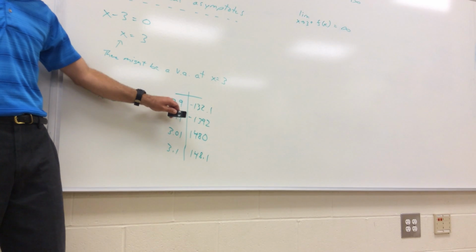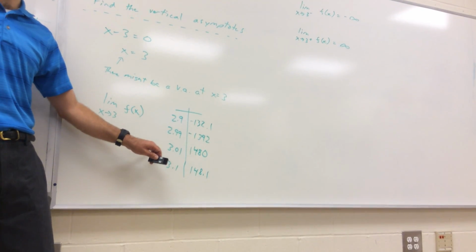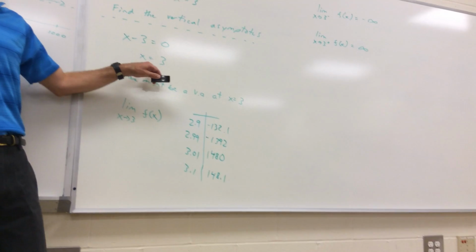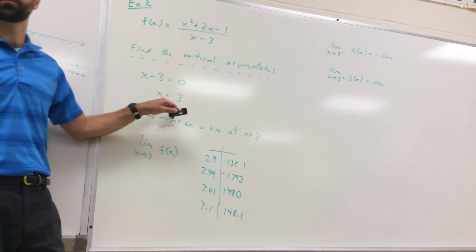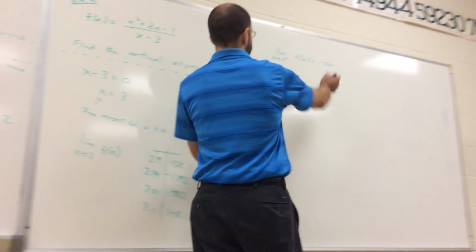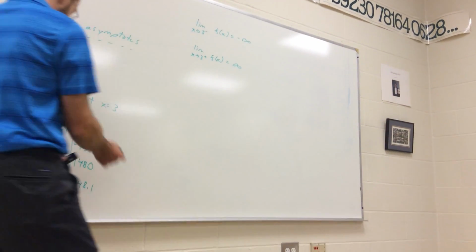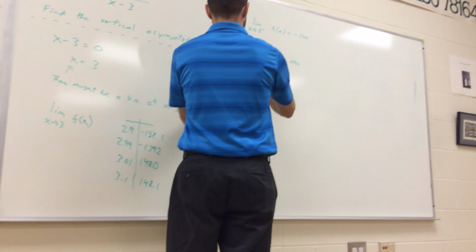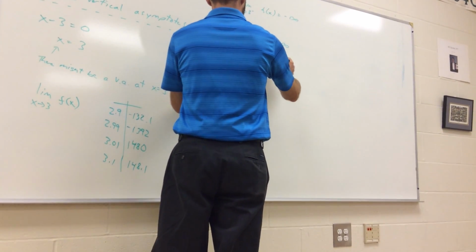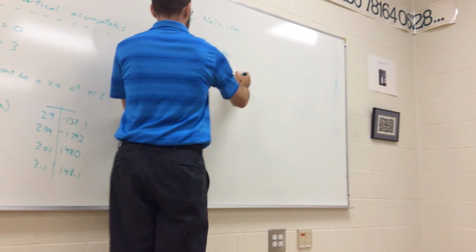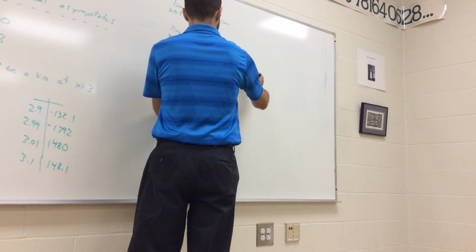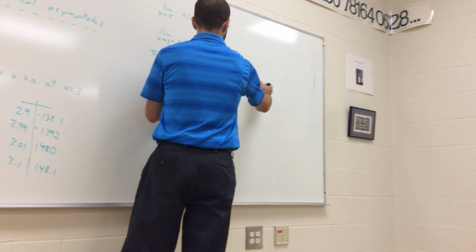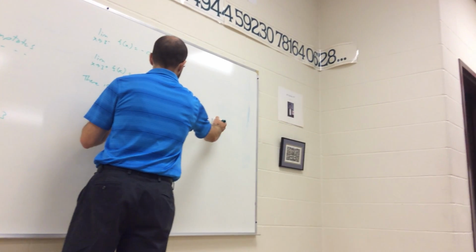But since these are getting close to infinity or negative infinity, that confirms this as a vertical asymptote. Okay? So now, based on this information and this table, we know there is a vertical asymptote at x equals 3.